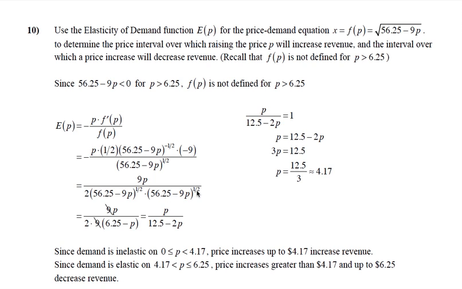Then when we take the derivative, we use the power rule, so that 1/2 comes around front, and we subtract 1 from this exponent, and a half minus 1 is negative 1/2. Then we take the derivative of the inside, using the chain rule, and the derivative of this inner portion is negative 9, which gets multiplied onto the end.